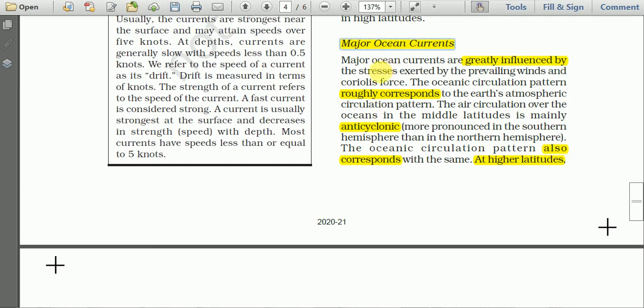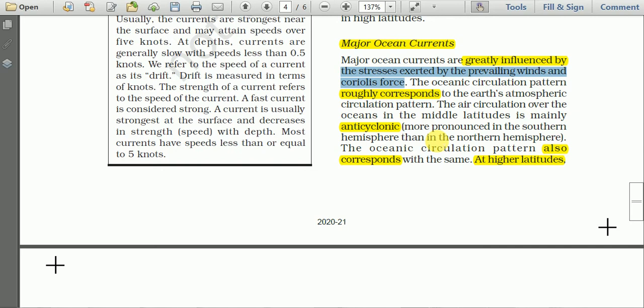Major ocean currents are greatly influenced by the stresses exerted by the prevailing winds and the Coriolis force. So most of the ocean currents of the world are affected by the stresses exerted by the prevailing winds. Here prevailing winds mainly refer to the planetary winds, permanent winds, which blow across the planet.